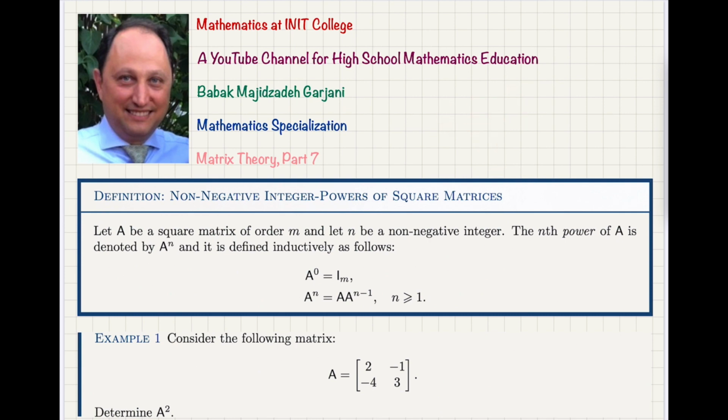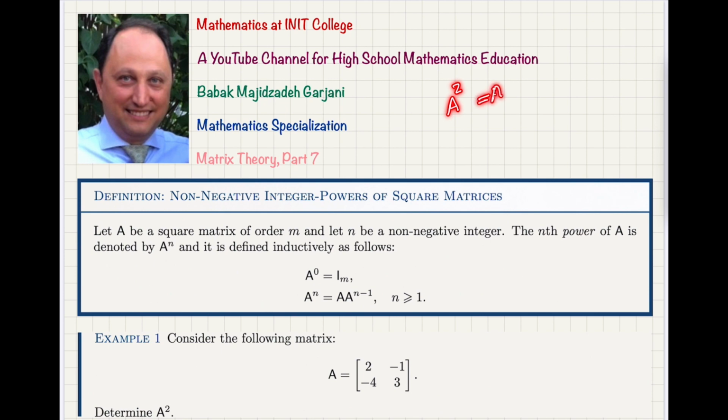Now that we have settled matrix multiplication, it is not very surprising that the next step would be talking about powers of matrices. But the first thing to be careful about is this. Let us talk about the simplest power, 2.